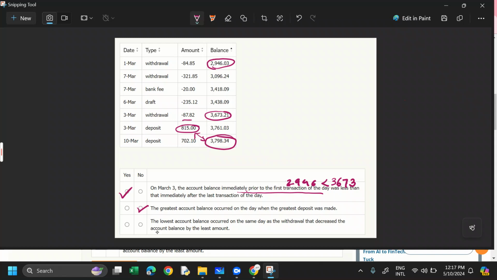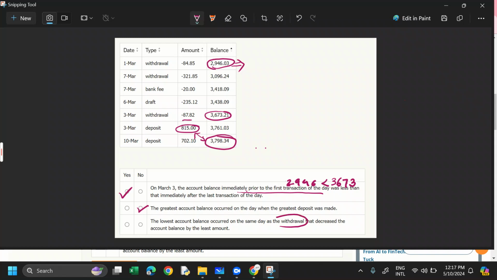The third option says the lowest account balance occurred on the same day as the withdrawal that decreased the account balance by the least amount. So the least account balance is on the first day itself, 1st March. Now, there are two things to it. If we do not read this particular option carefully, we may go wrong.